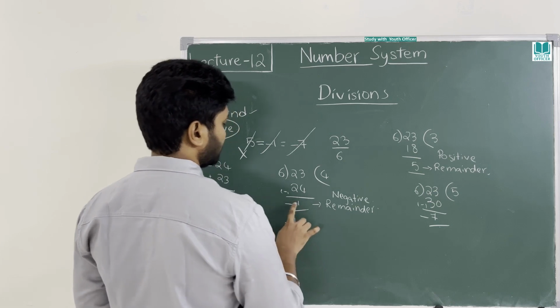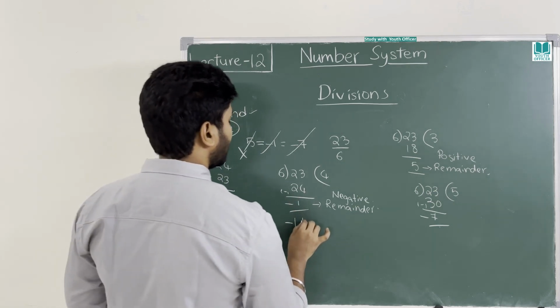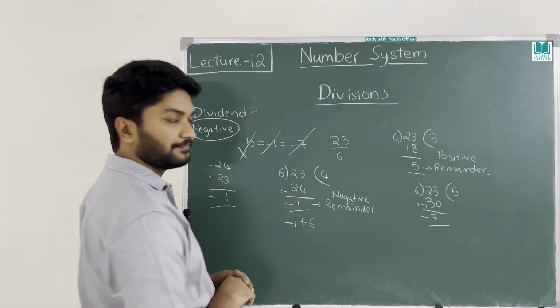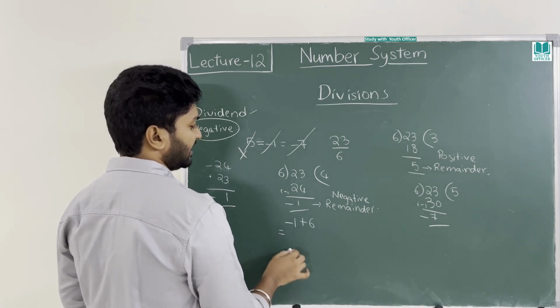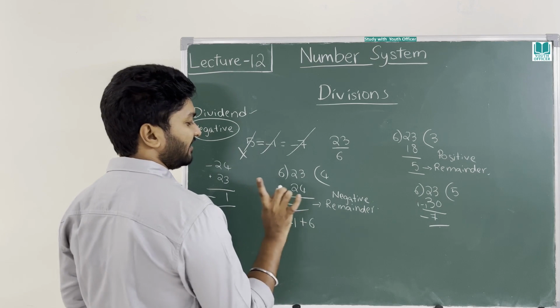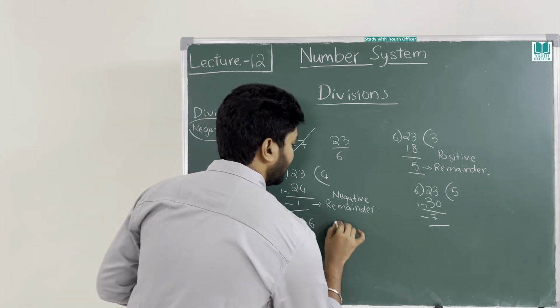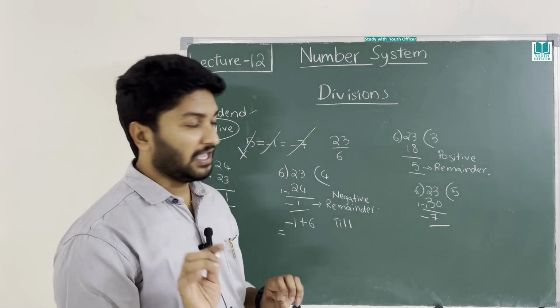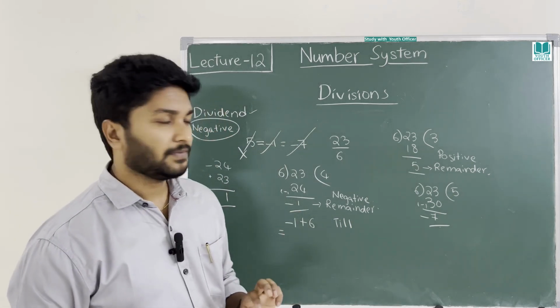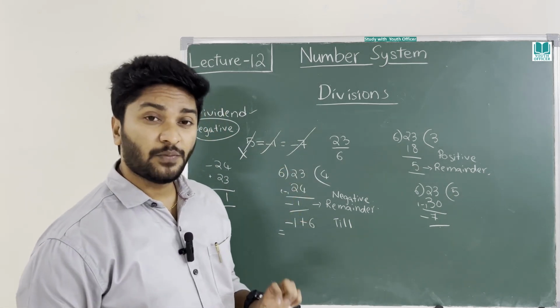You take minus 1. This is the negative remainder, right? Just add the divisor till it gives a remainder less than divisor. Write it properly. It may sound very funny or very simple. They are very complicated.